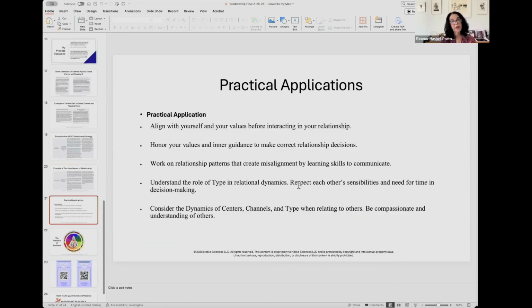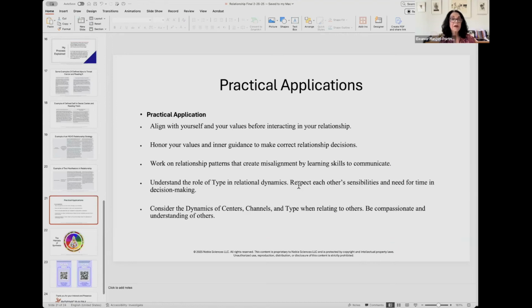So practical applications. Align with yourself and your values before you interact in your relationship. Honor your values and inner guidance to make correct relationship decisions. Work on relationship patterns that create misalignment by learning skills to communicate.